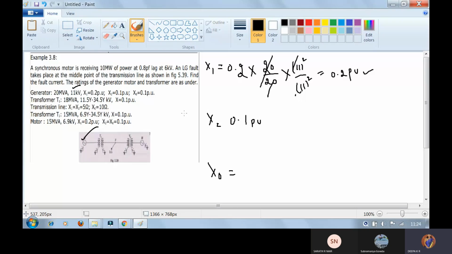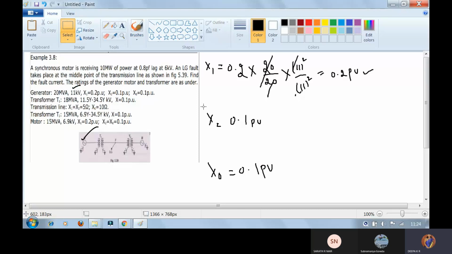And for the last case, for the zero sequence, X0 is equal to 0.1 and again same thing it will be cancelled and you're going to get the same answer as 0.1 per unit. So this is with respect to generator, sequence reactances of a generator: 0.2 per unit, 0.1 per unit and 0.1 per unit. Fine. Okay. So have you taken this?